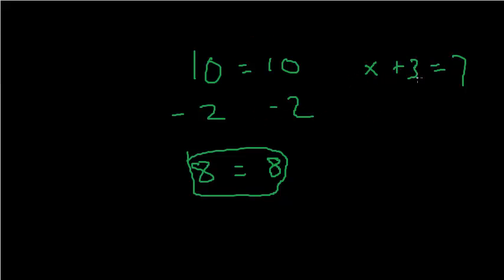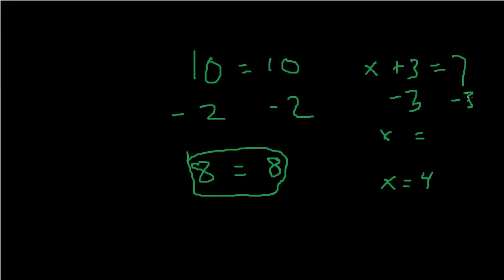Here we have x plus 3, but we want to just show x equals 4. So we need to get rid of this 3 on that side of the equal sign. If we subtract the 3 from both sides of the equation, we would have just our x here. 3 minus 3 is 0, so I don't need to put anything there.